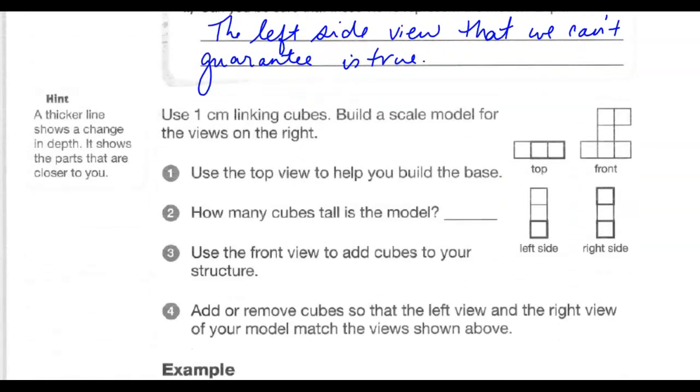All right, so using those 1 centimeter linking cubes, build a scale model for the views on the right. So I'm going to just try to do it and show you on paper what it might look like. Use the top view to help you build the base. So the top view says it's 3 across at some point, and 2 of them are closer. So basically 3 across, like, I'm not so good at drawing that.